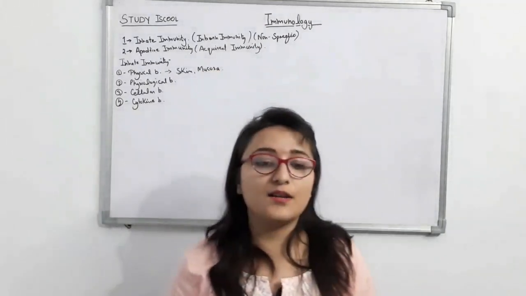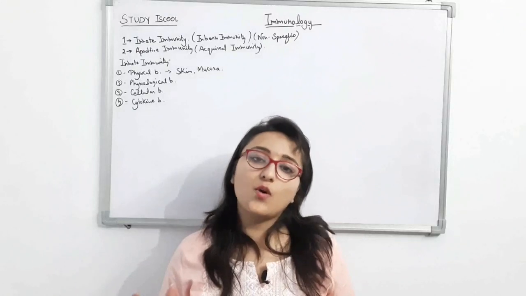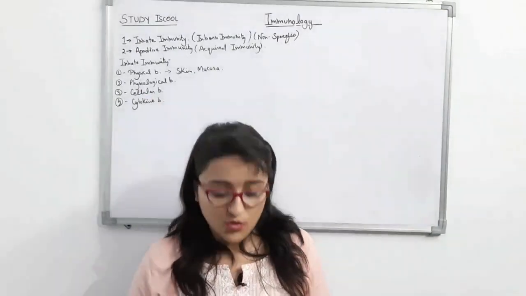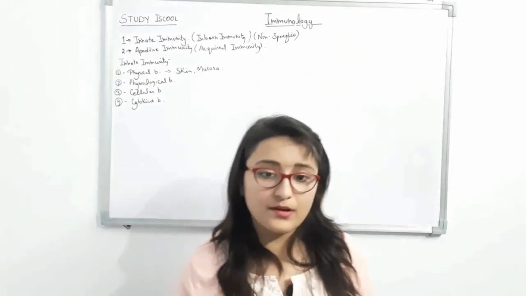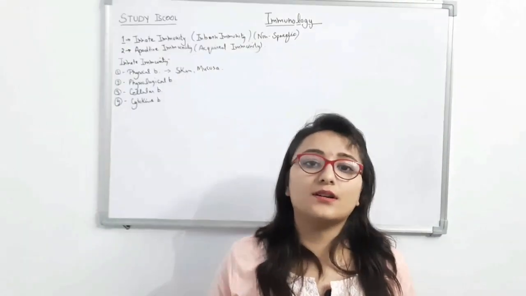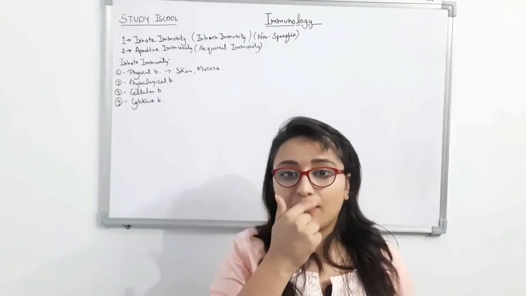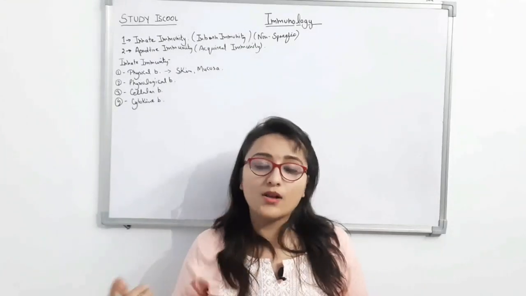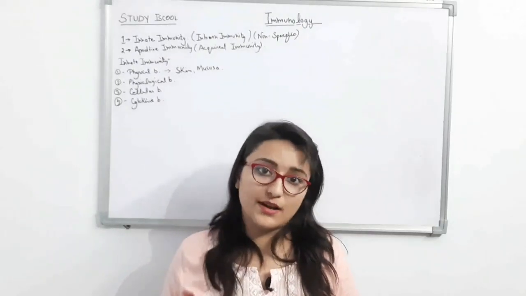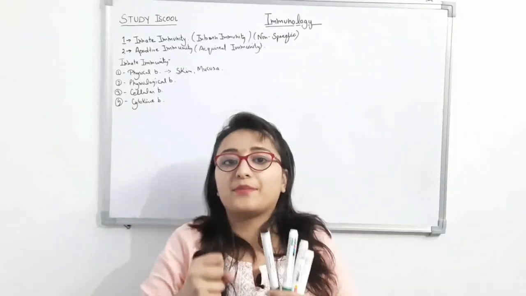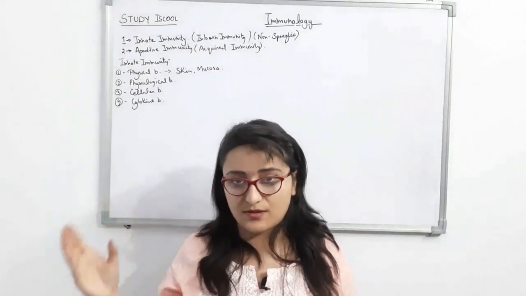So skin and mucosa, these two are the major physical barriers. Mucosa is generally present on our urinogenital tract. Our nasal chamber also contains mucosa. Generally bacteria are trapped in these mucosal secretions.